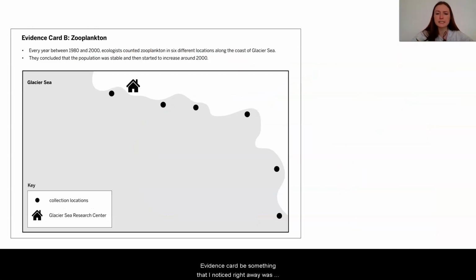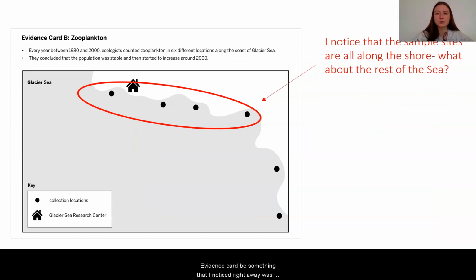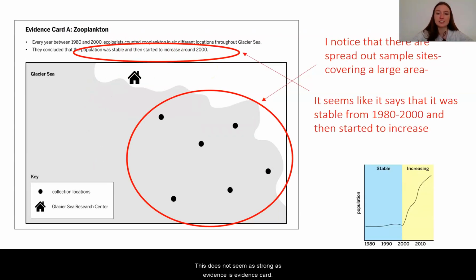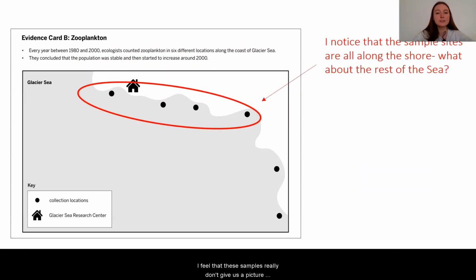In evidence card B, something that I noticed right away was that all the samples were taken by the shore. One thing that immediately came to mind was, what about the rest of the sea? This does not seem as strong as evidence card A. I feel that these samples really don't give us a picture of the whole Glacier Sea, and that is something we're looking for.